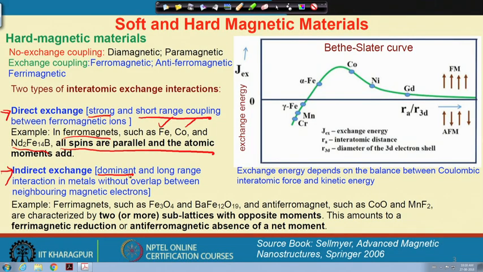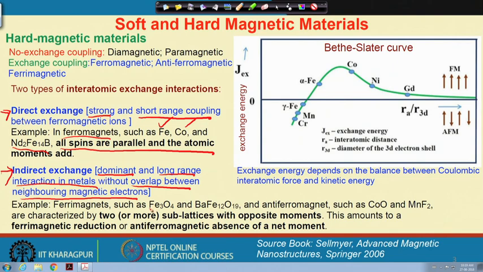Now, there is also indirect exchange, which is very strong or dominant, and is a long range interaction in metals, without overlap between neighboring magnetic electrons. So, this is the indirect exchange, where we are talking about coupling over a relatively longer length scale.